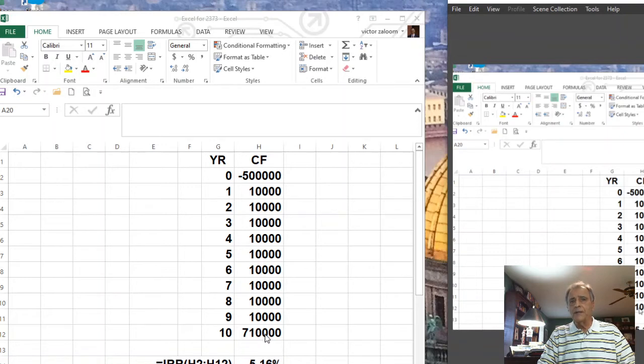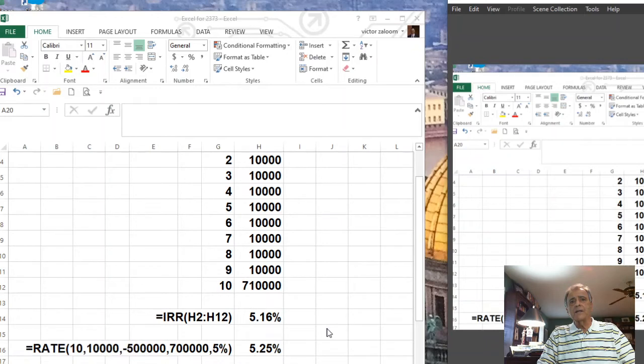So in year 10, it's the 710. And you can solve this using the IRR function. If you do IRR and then you put in the cells from the beginning cell to the ending cell, that's H2 through H12, this is column H here, it will return you that rate of return.